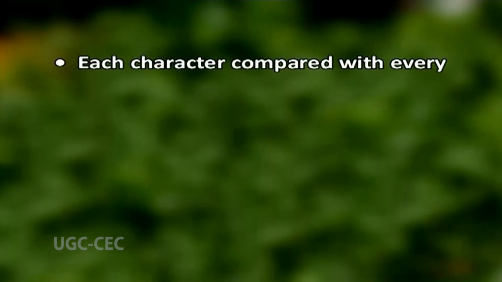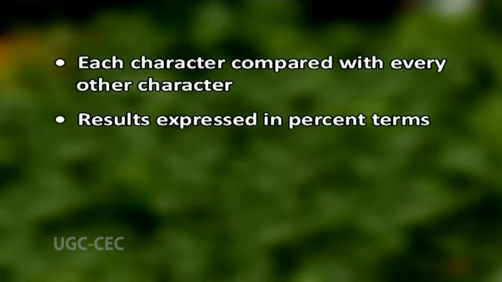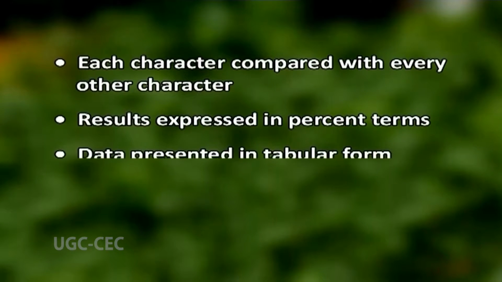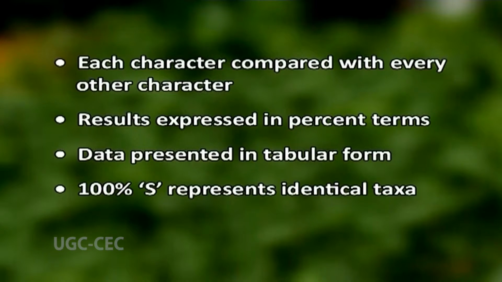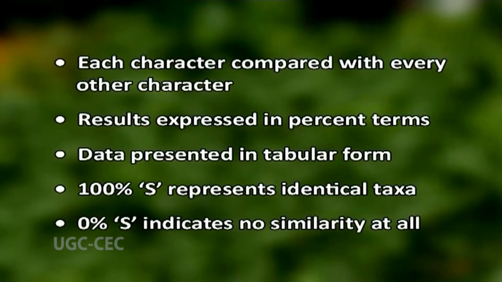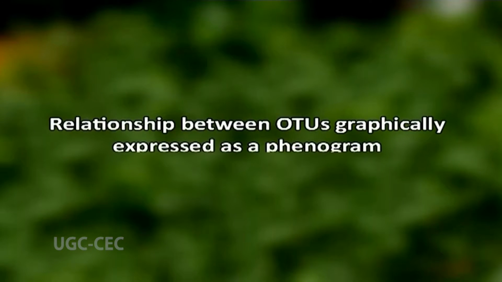Each character is compared with every other character, and results are expressed in Pearson terms, and data are presented in tabular form, wherein 100% S represents identical taxa and 0% S indicates no similarity at all. The relationship between OTUs is graphically presented in the form of a phenogram.